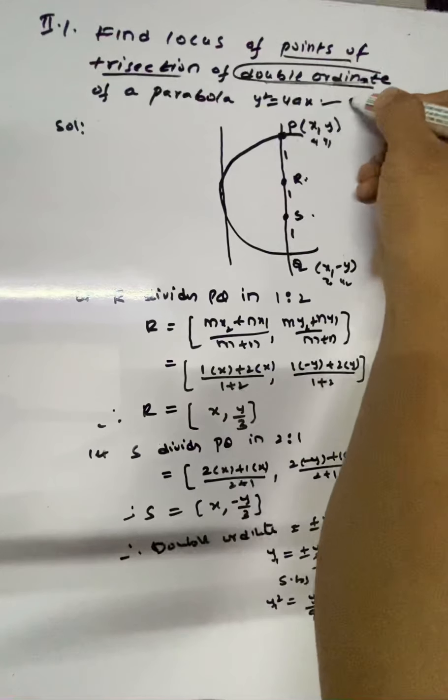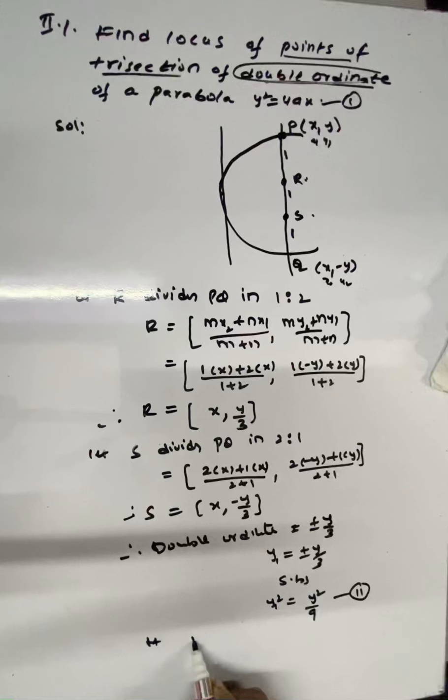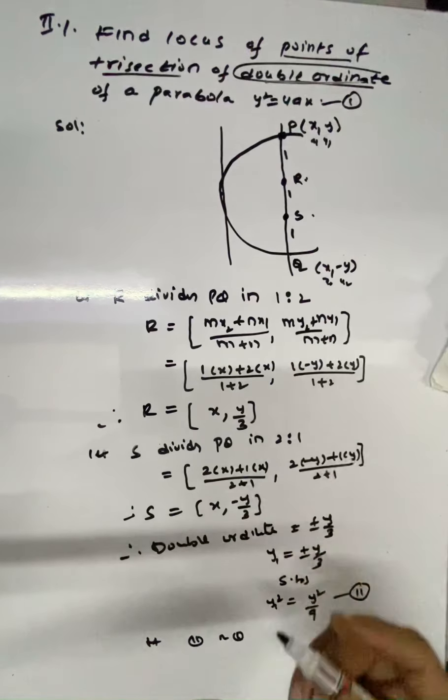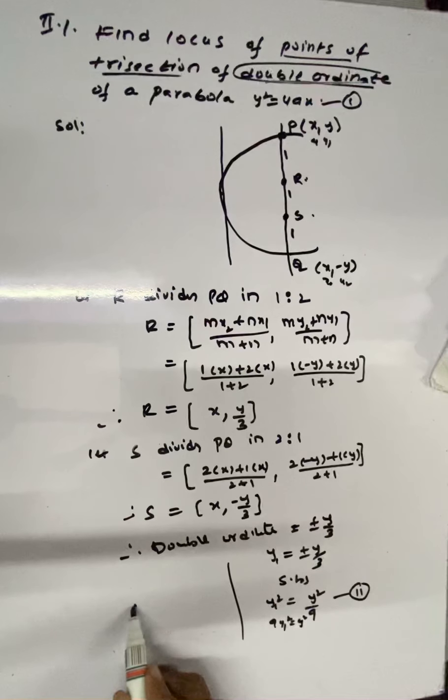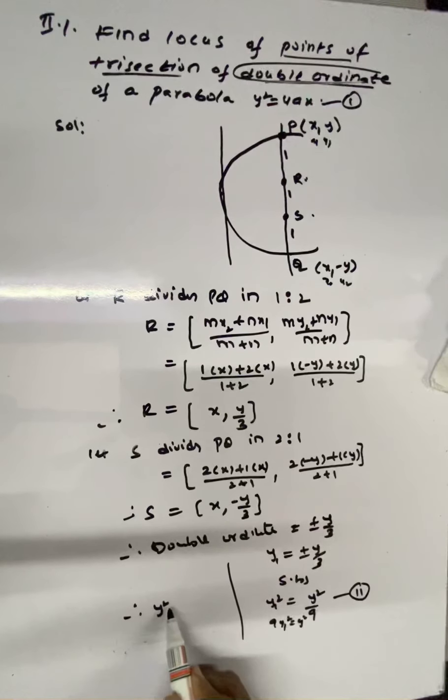Whatever the parabola is, call it 1. Put second in 1. If we cross multiply this, 9y1 square equals y square. So y square equals 4ax.